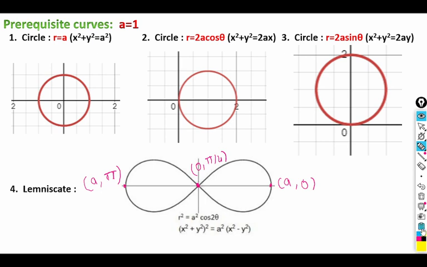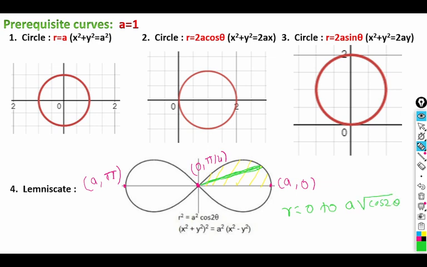Now again we are going to use symmetry. Whatever region we get in the first quadrant, the same region is in the remaining quadrants. When you take a radial strip like this, r will vary from 0 to the equation of the curve, that is a times root of cos 2 theta.